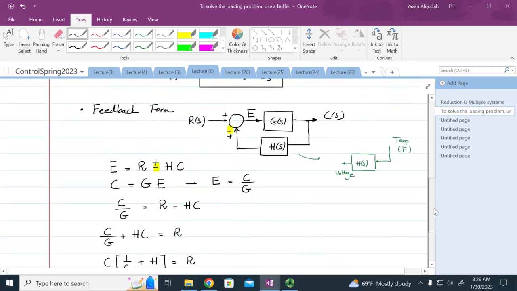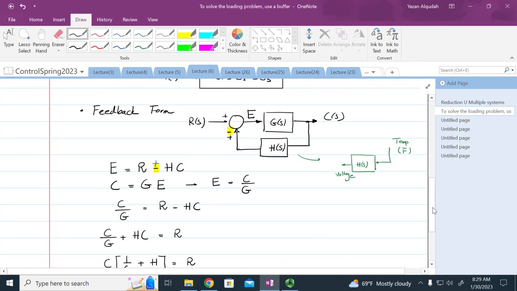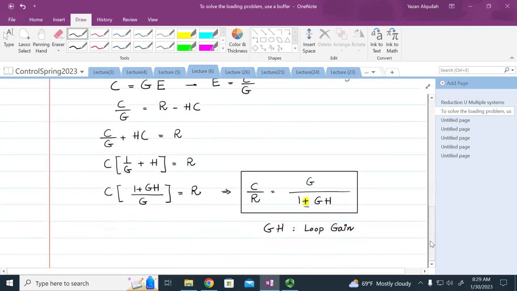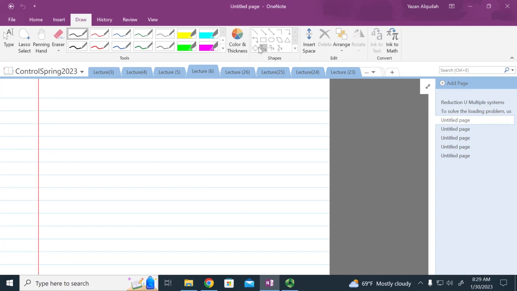G multiplied by H is the loop gain because if I go around the loop, what is the gain that I'm going to experience? G multiplied by H. So therefore, G multiplied by H is called the loop gain. Is that clear, everybody? Everybody is probably going to know this by heart, as we're going to be seeing it and using it throughout.